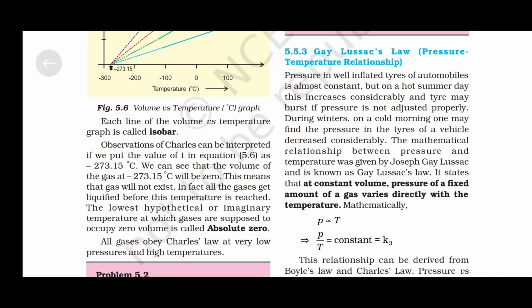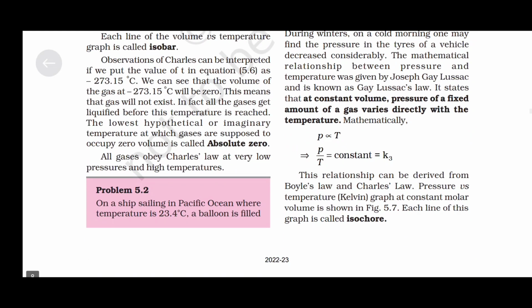The mathematical relationship between pressure and temperature was given by Joseph Gay-Lussac and is known as Gay-Lussac's law. It states that at constant volume, the pressure of a fixed amount of gas varies directly with the temperature. Mathematically, P is directly proportional to T, so P upon T is equal to a constant, k3.